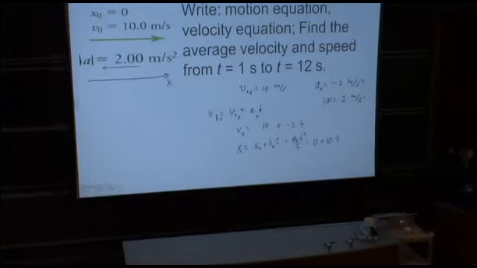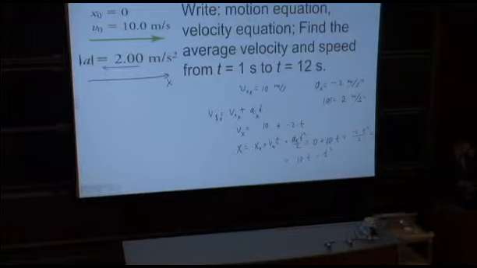All right. Plus, well, -2 times t squared over 2. So the motion equation is a quadratic equation: 10 times t minus t squared. -2 over 2 is -1. And, well, when we know the velocity equation and the motion equation, we know everything. We can answer any question about the motion of this object.